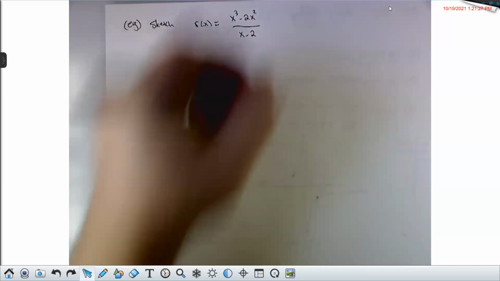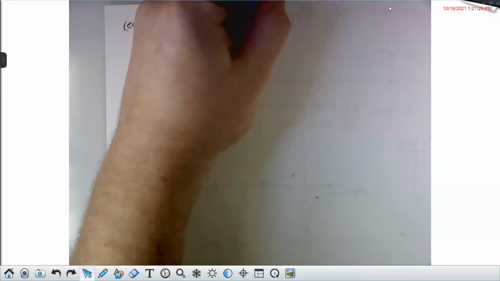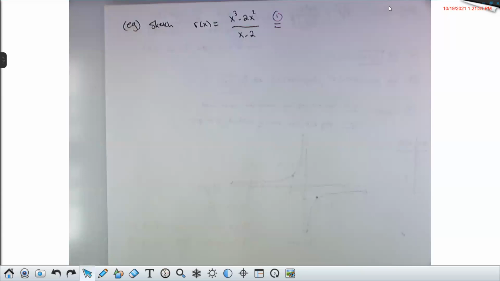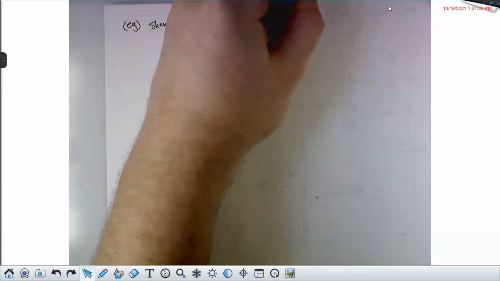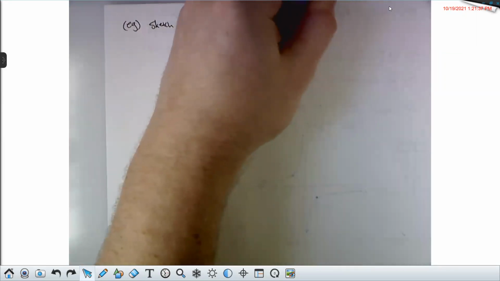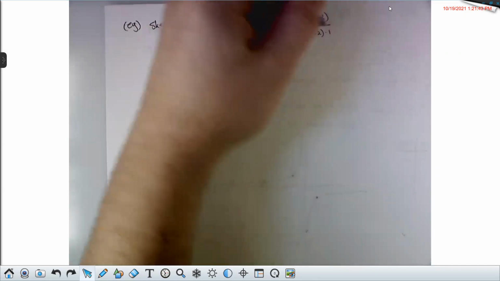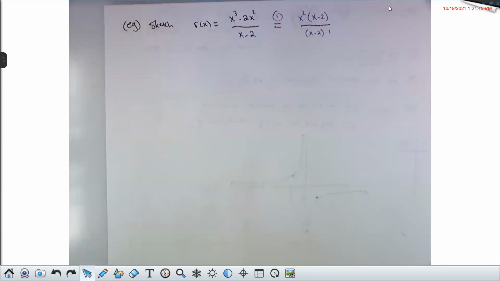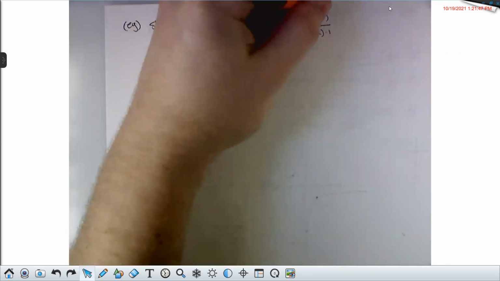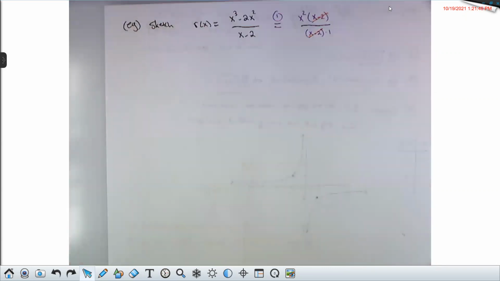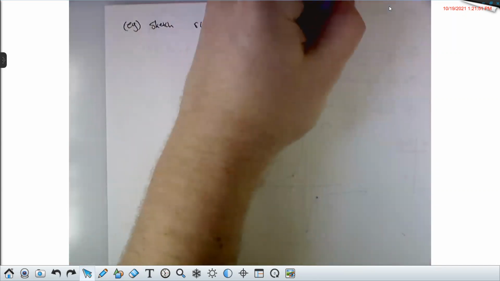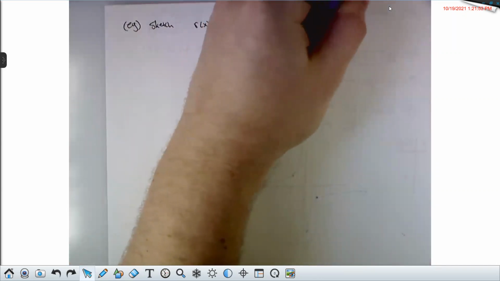As always, I'm going to begin by factoring. Factor everything we can. So I can pull an x squared out from the top, and what's left is x minus 2. And the downstairs is just x minus 2, which is x minus 2 times 1. So I can cancel the factors of x minus 2. And what's left is just x squared over 1, or x squared.